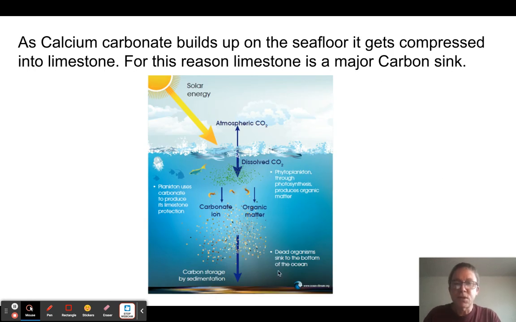So this limestone, which fills up the bottom of the ocean, whether it's from reefs or the deep ocean, as these coccoliths rain down to the bottom, the seafloor has a lot of calcium carbonate in it. It turns into limestone, and it can sequester the carbon for billions of years.